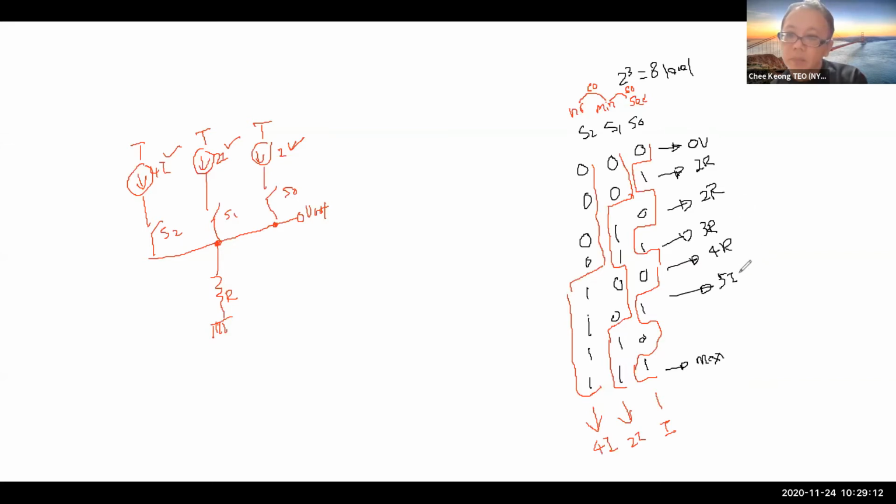Sorry. Where's my I? There's IR. IR. So, okay. Then if this one, 1, 1, 0, is really 4 plus 2, it is 6IR. So this is 6IR. And this is 7IR.